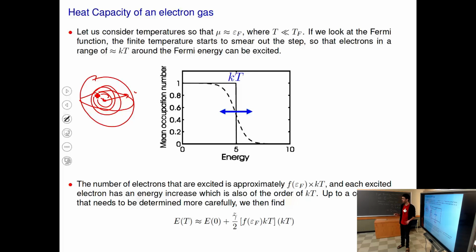There is nowhere for them to go. All the states around them are completely filled, and if I give them energy of k Boltzmann T, which is the only thing I can give them at the temperature T, even at room temperature, I don't have enough energy to kick them out of the middle to the outside of the sphere where the states are unoccupied, right?